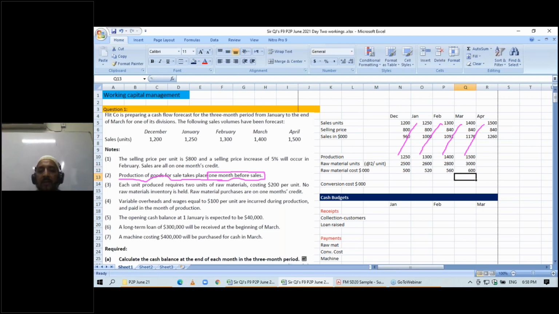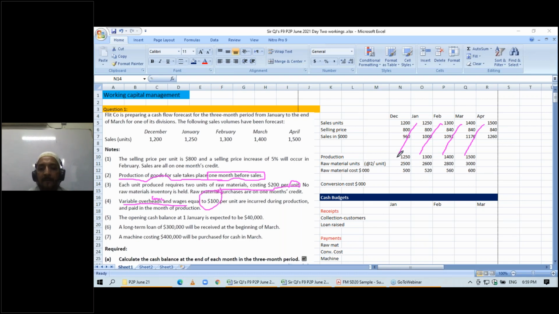Okay. Then conversion cost. Raw material cost was 200 per material unit, and conversion overhead, variable overhead and wages, these are known as conversion cost, is 100 per unit.